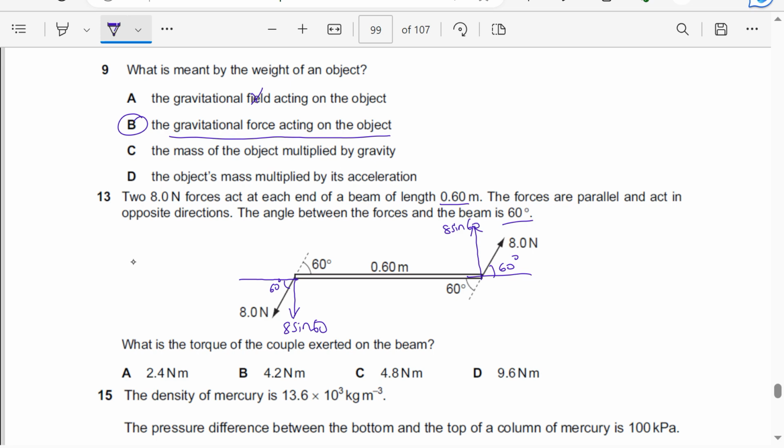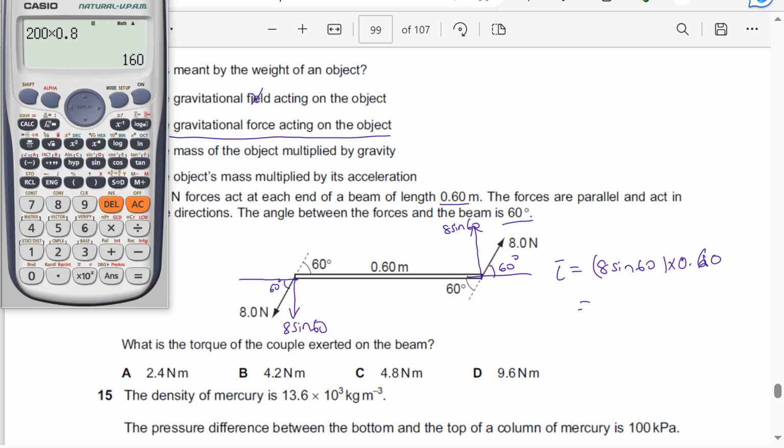So the moment of the couple, or the torque of the couple, is the product of one of the forces, which is 8 sine 60, times the perpendicular distance between them, which is 0.6. So we press our calculator: 8 sine of 60 times 0.6, which is 4.16 or 4.2.